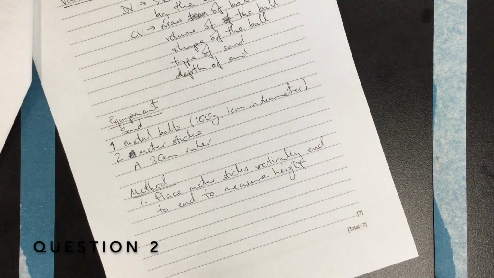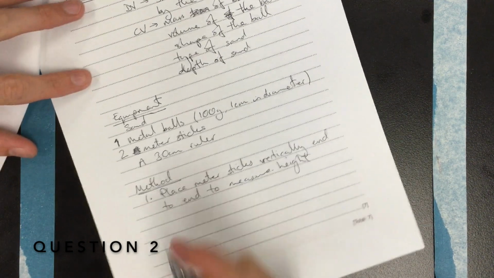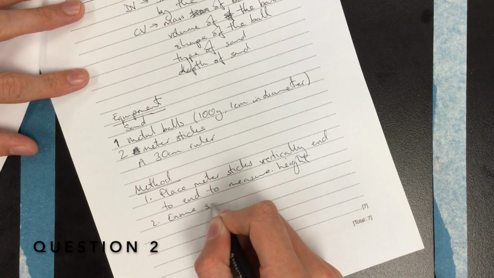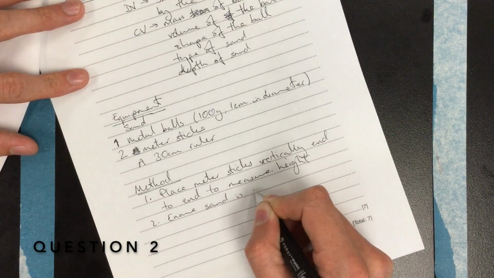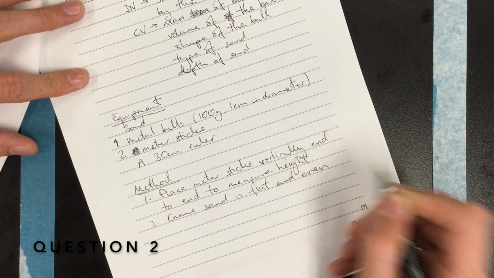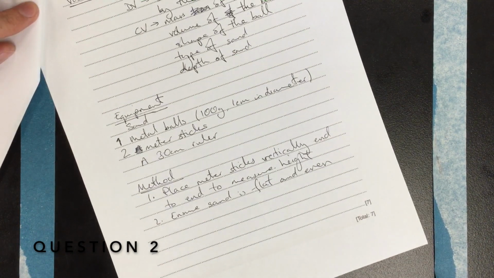Next bit, I want to make sure they're using the sand properly. So I'm thinking, well, I want the sand to be smooth, otherwise it's going to be bumpy already, and that's going to be harder to measure. So 2, ensure sand is flat and even. Okay, so that I know I'm dropping it into a reasonable depth.